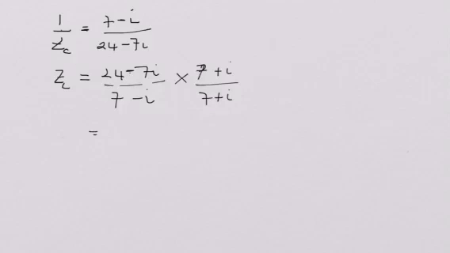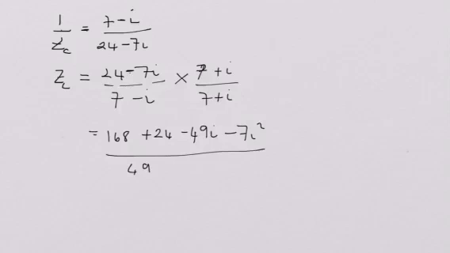So that's going to give me 168 plus 24i minus 49i minus 7i squared all over 49 plus 1 because of the i squared. So that's going to become plus, so that's going to be 175.